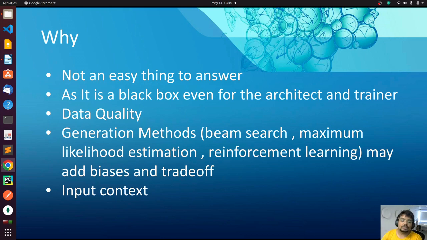And the input context. If the person giving the input is not clearly explaining what he wants, then the issue will be with the input context, irrespective of whether it is an LLM or a person. Even if the input is given to a normal person, he may not have a complete idea of what the person is trying to ask.